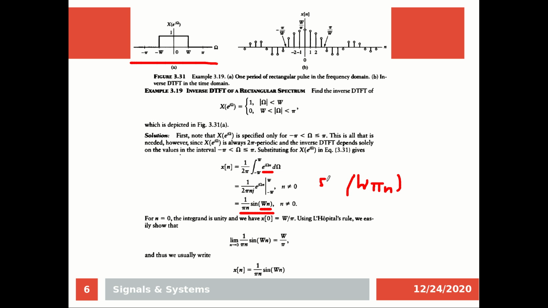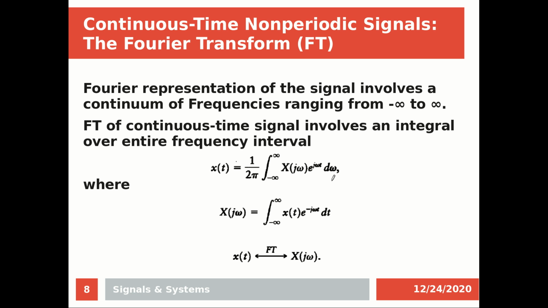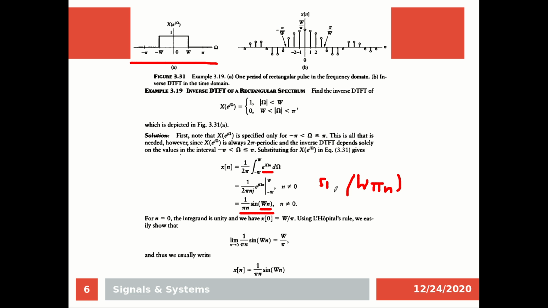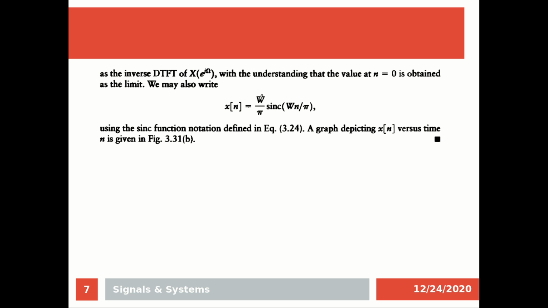This is sine, sorry for the writing, sorry, yes, this is sine over whatever is inside, w again n pi, so whatever is missing you will just divide by. Okay, so here it is missing the pi, here missing the w, so here I divide by w, and here divide by omega.